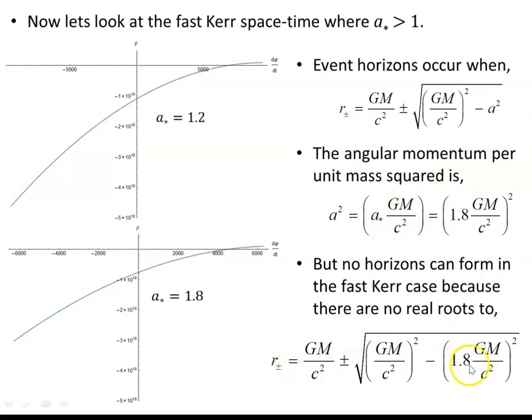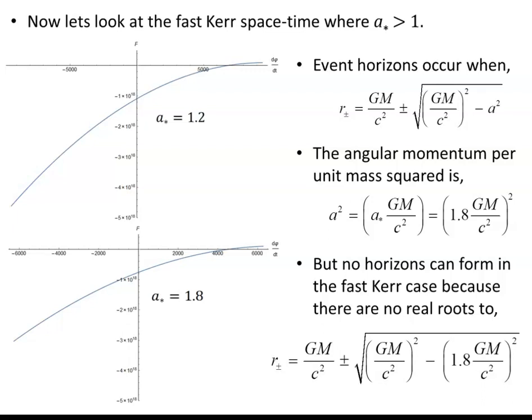Okay, so here, where this A is greater than 1, you get complex roots, no real roots at all. And so the event horizons don't form, and what you have is just a naked singularity. That's interesting, as I pointed out last video, because you could put a spaceship around that and time travel into the past and not be constrained, because once the spaceship crosses an event horizon, it's never coming back to our universe again.